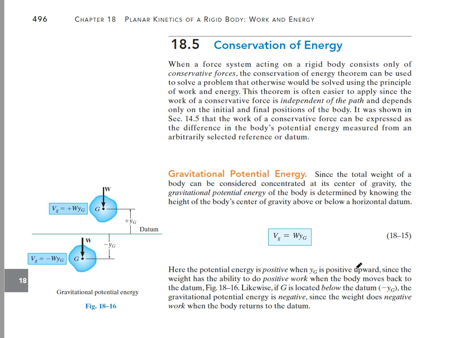The case of gravitational potential. The gravitational potential is defined by choosing a reference. Acceleration due to gravity is in most cases going down along the vertical axis, the y-axis.